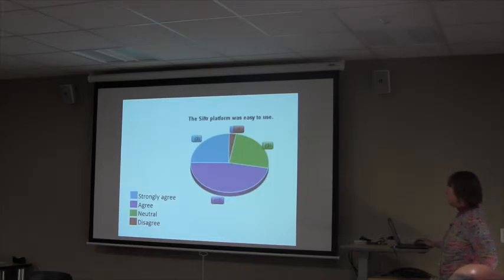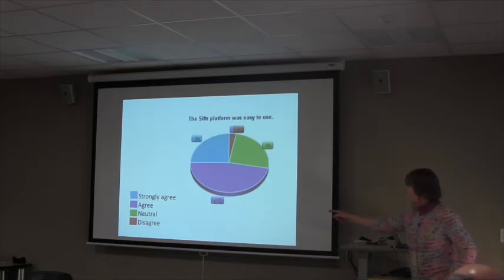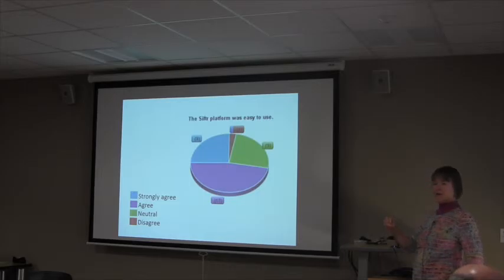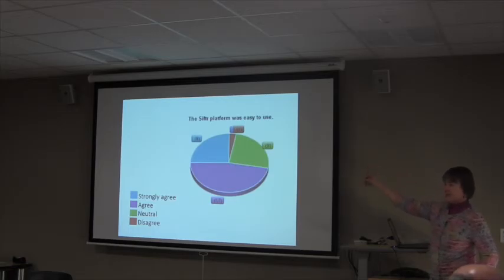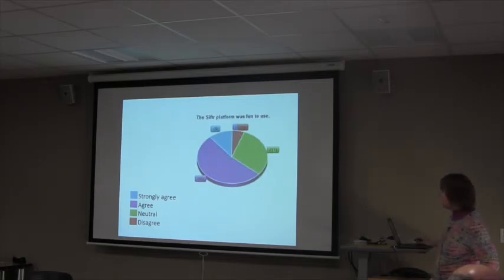So, easy to use. There was, by the way, a strongly disagree, but since nobody picked it, I couldn't take its color off the graph and give it to you. So we didn't have any strongly disagrees. What I did to make the slide is I just took little screenshots of the colors to bring them out for you. It was easy to use, fun to use.